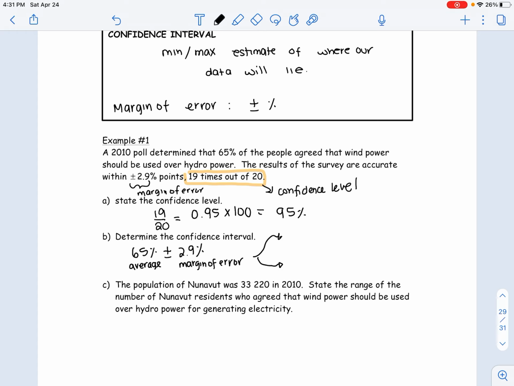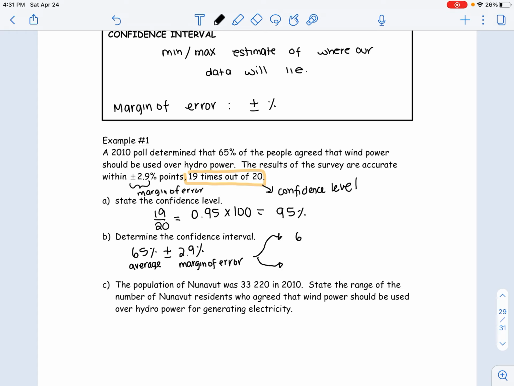So what we need to do is split this into 2 parts. We always have to take our average and add the margin of error, and then take the average and subtract the margin of error to actually get the interval, meaning your max and your min values.